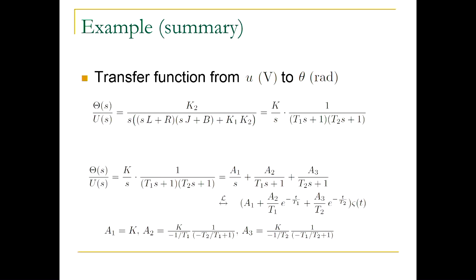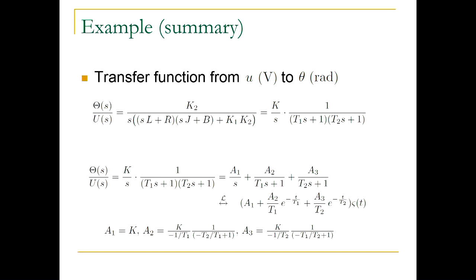What you get is basically this: the transfer function from u to theta, after partial fraction expansion, is equal to that. And then if we want to find what theta of t is for a particular u of t, we just need to substitute the Laplace transform of u and then find the inverse Laplace transform of theta.